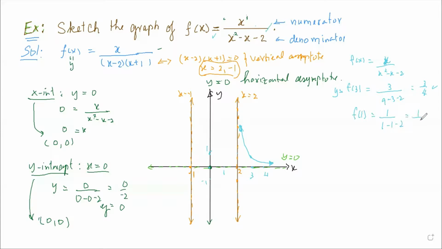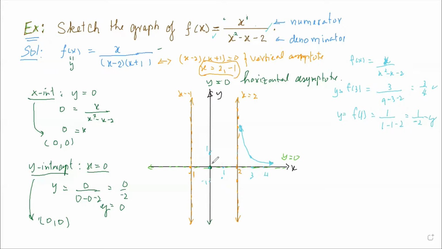So what we have becomes negative 2 in the denominator. That means it is going to go down, right? About negative 0.5. So when x equals 1 here, the value of y is negative 0.5, and this is negative 1, so it should be about half of this. Okay, so we know this one.